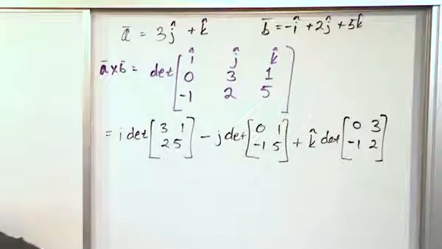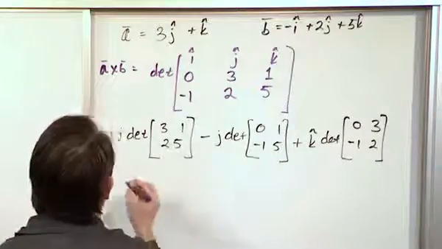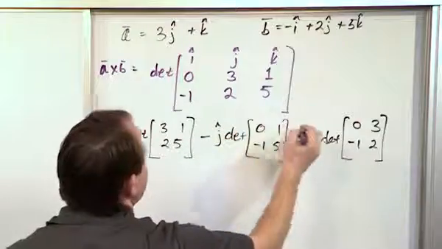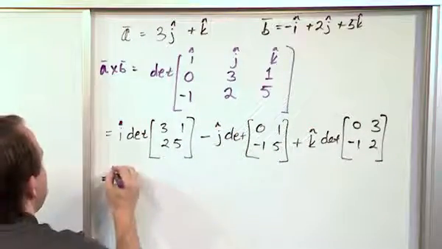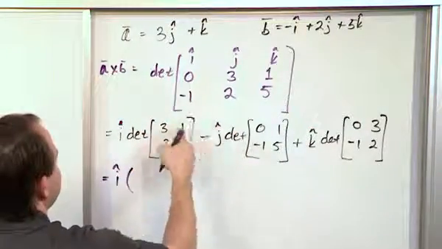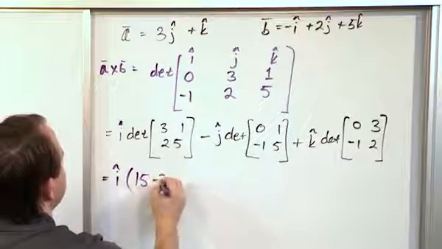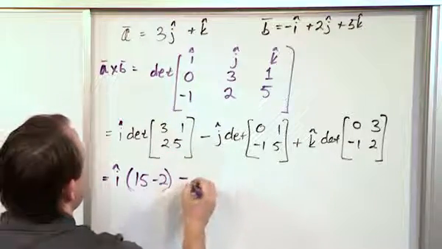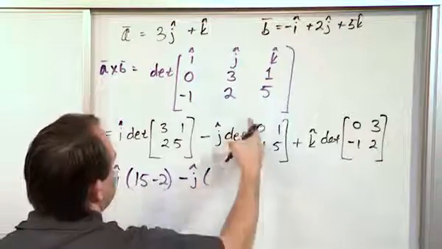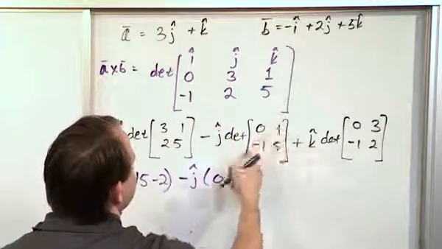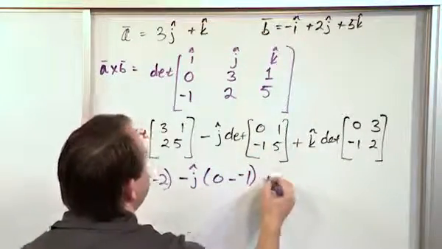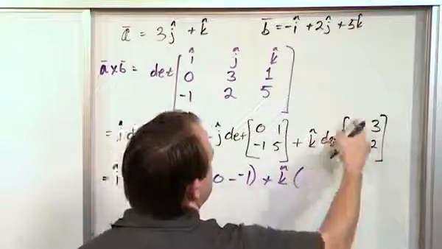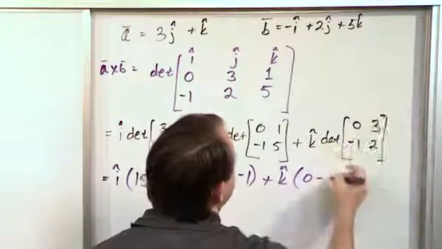And we all know how to calculate the determinant of these small matrices. I need to make sure I put the hats there. Then i hat, crisscross like this. 3 times 5 is 15, minus the 2 from this direction. The j is going to be 0, minus, this is going to give you negative 1, plus the k direction. This is 0, minus, and this gives you negative 3.